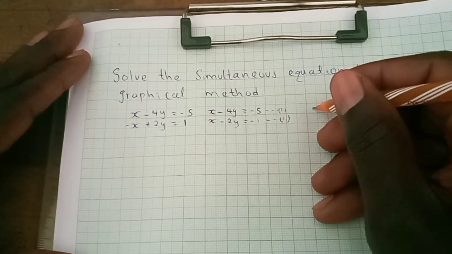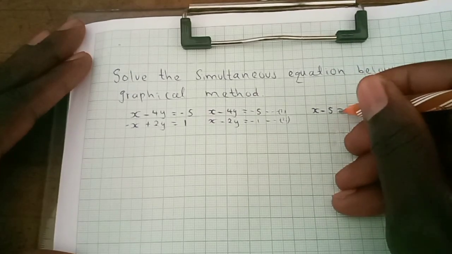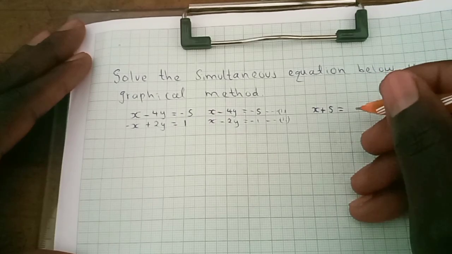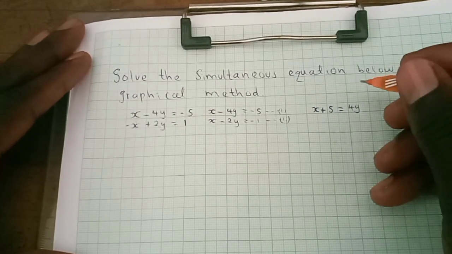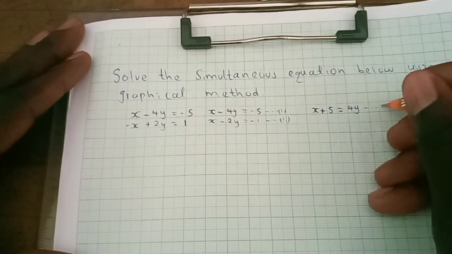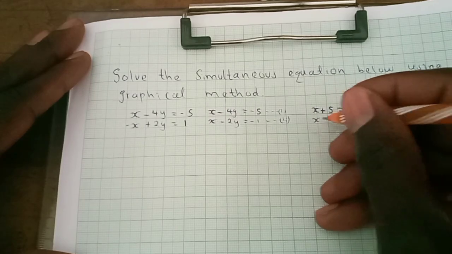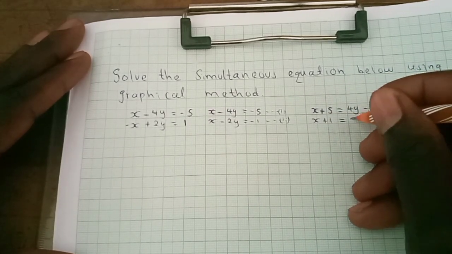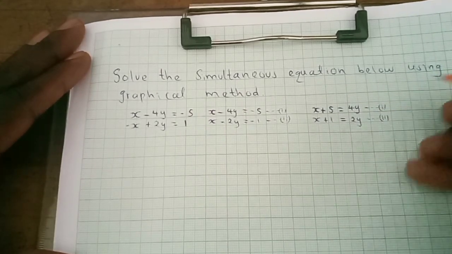So x plus 5 is equal to 4y. And this is my equation of line 1. And this one is going to be x plus 1 is equal to 2y. This is my equation of line 2.